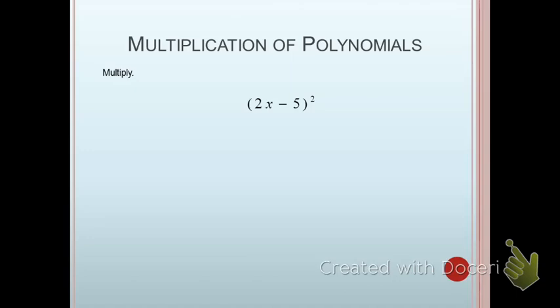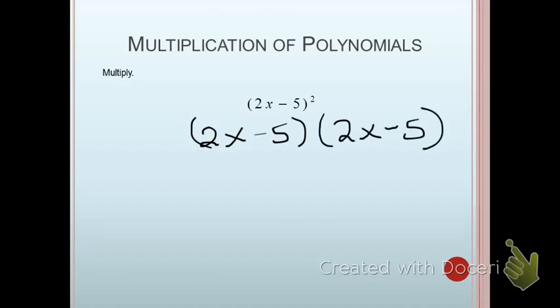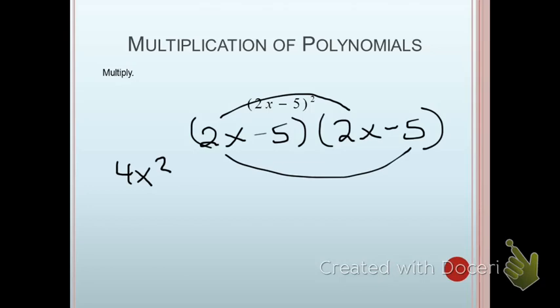Let's do one more. Here we have 2x minus 5 all raised to the second power, so let's go ahead and rewrite it. 2x minus 5 times 2x minus 5. Using FOIL, 2x times 2x is 4x squared. Outer, 2x times negative 5 is negative 10x.